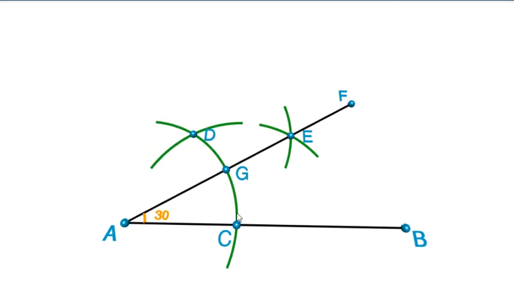If I'm indicating angles along this arc, C is at 0, G is at 30 degrees, D is at 60 degrees. So this is how we construct a 30-degree angle by bisecting a 60-degree angle.